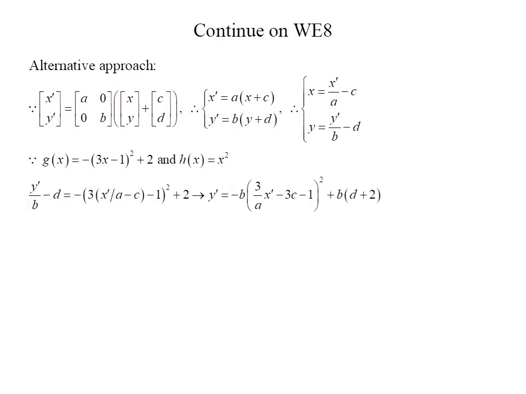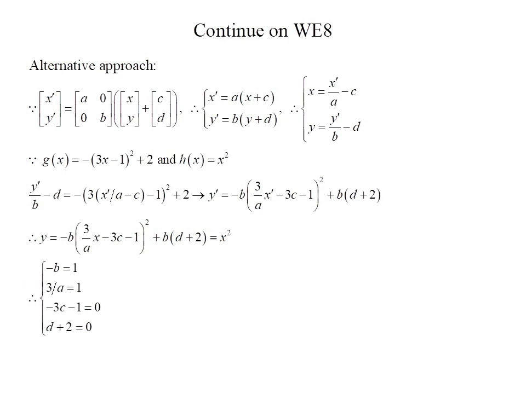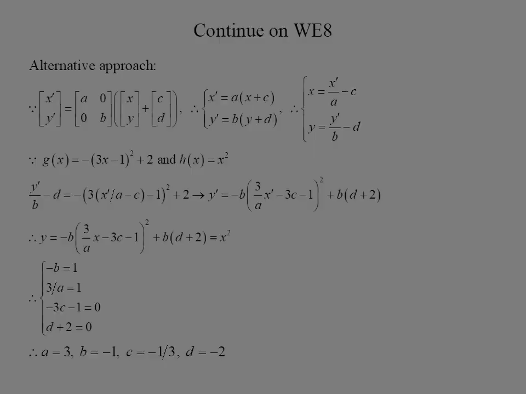After simplifying the expression of the image function, we compare it with the image function h(x), which is x squared. Hence, by applying the coefficient equating method, we have 4 simultaneous equations established to calculate these constants. Finally, we have obtained that a equals 3, b equals -1, c equals -1/3, and d equals -2.